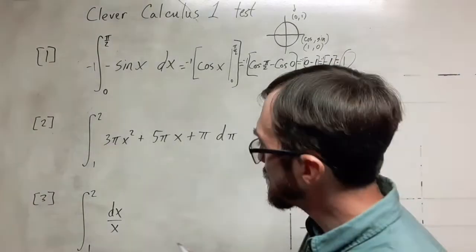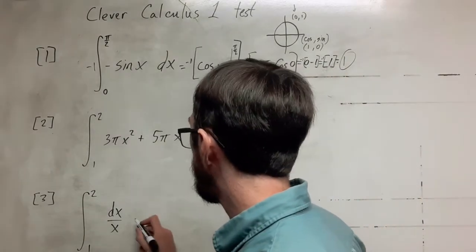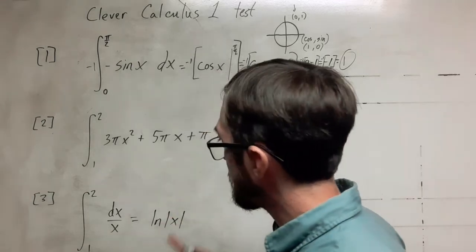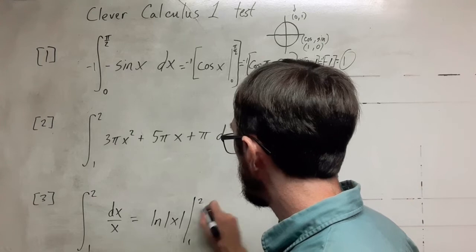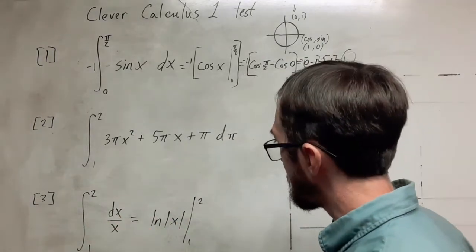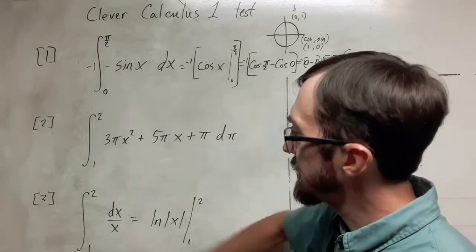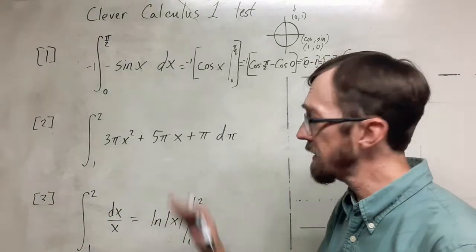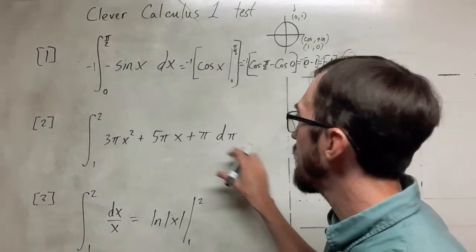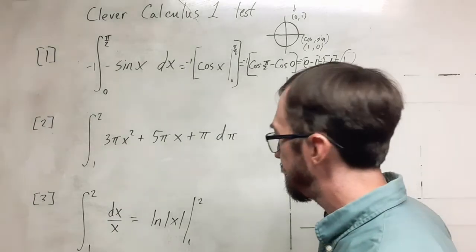If we understand what this is really telling us, then the integration for this is, again, fairly straightforward. This is going to be the log of absolute value of x, and we're going to evaluate along the interval that we're given, the limits of our integration. So if you understand the differential notation and that this actually multiplies together and you can condense it like this, not necessarily a problem. But if you don't understand what you can do with this differential, this might end up being a problem for you.